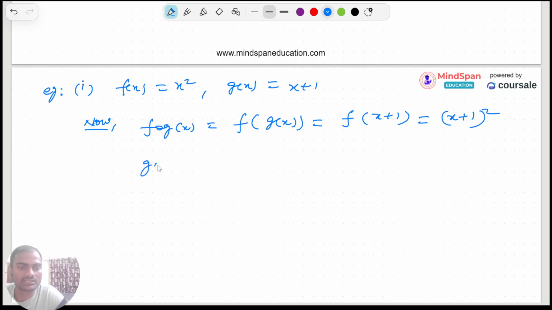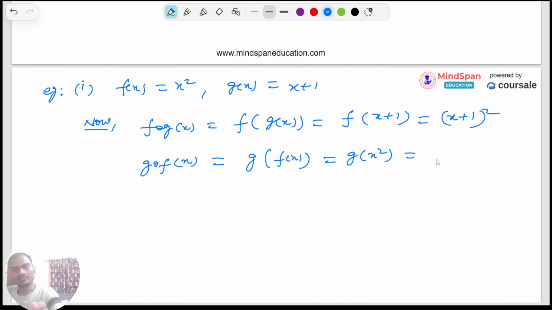Now if we calculate g of f of x, then what are we going to get? First we will get f of x, meaning x square. Then this x square will become the input of g of x, which is x plus 1, right?